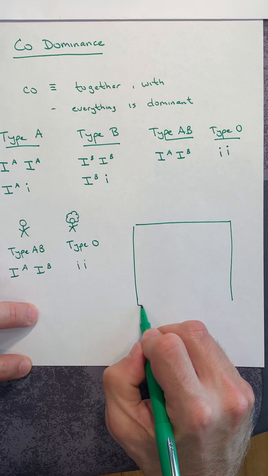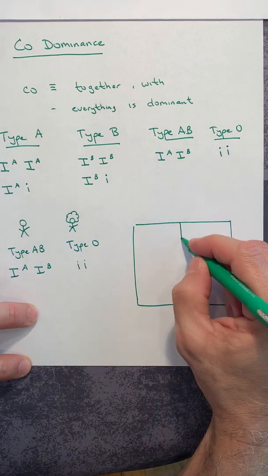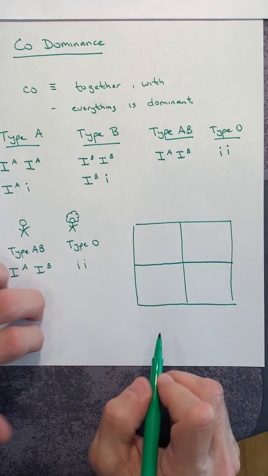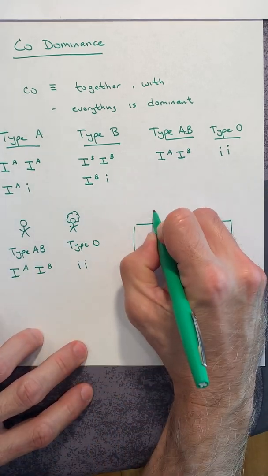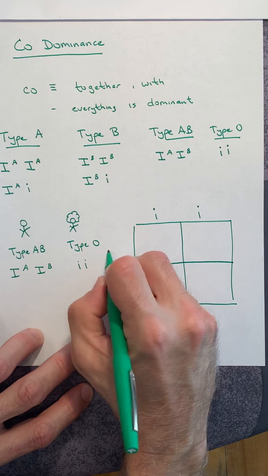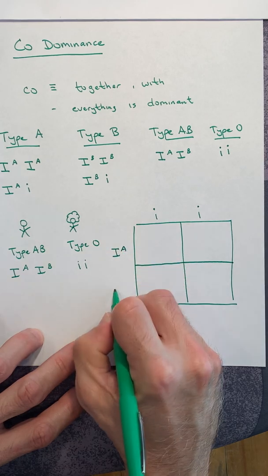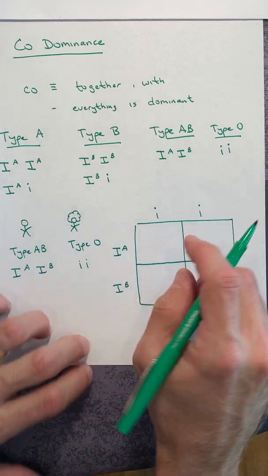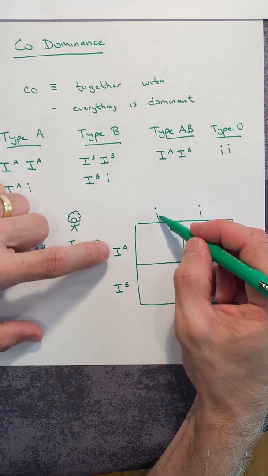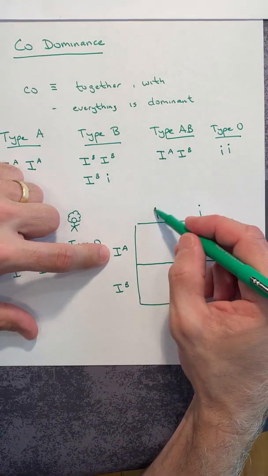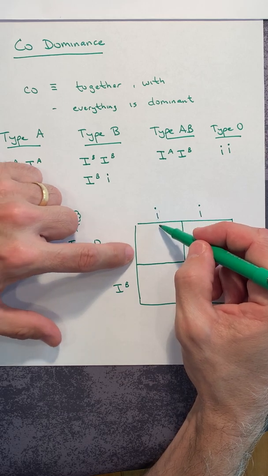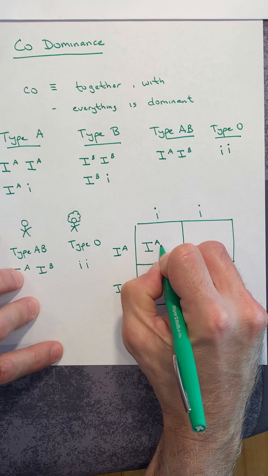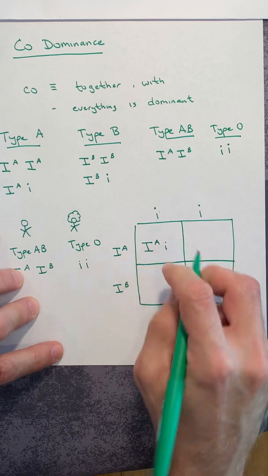You might want to draw it a little extra big because you need the boxes now to hold the I's and the A's and the B's. So her contribution, let's put it up there. His contribution is here. Got it. So just like earlier, this is her contribution, his contribution. Inside of the ovum, inside of the sperm, they join through fertilization, and the offspring could be IA little i.